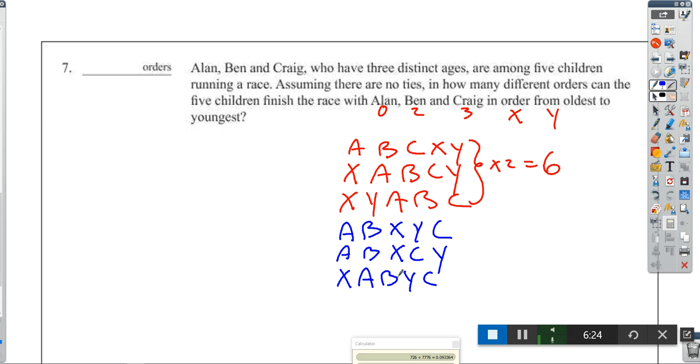What about if B and C finish one after another? So I could go A, X, B, C, Y, or I could go A, X, Y, B, C. So it's 1, 2, 3, 4, 5 different ways of doing it.